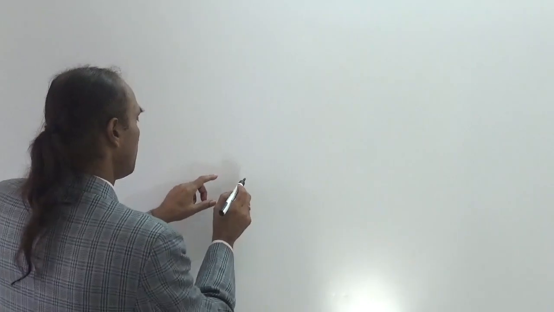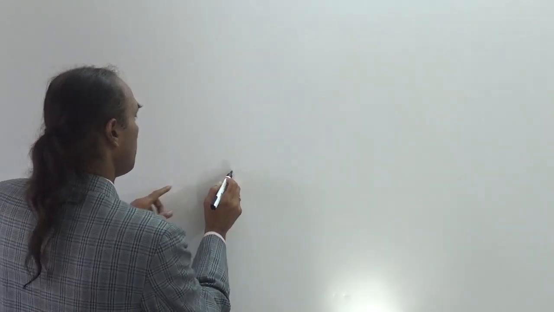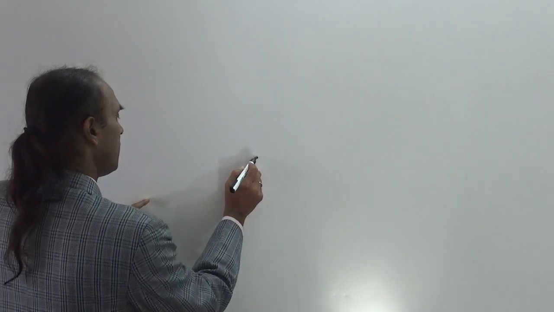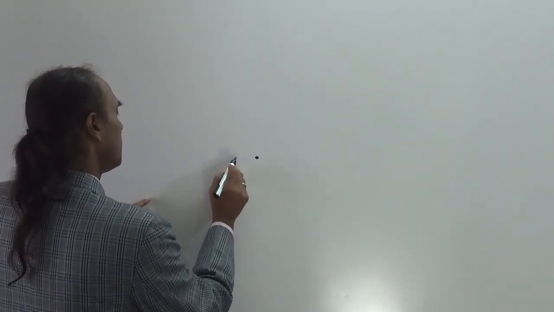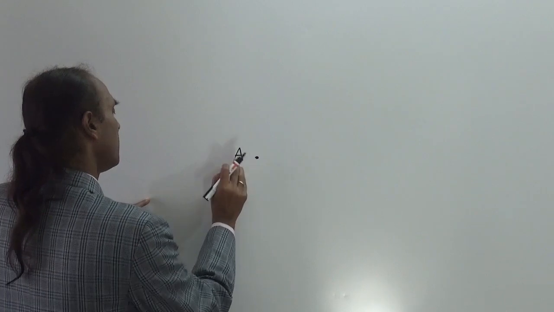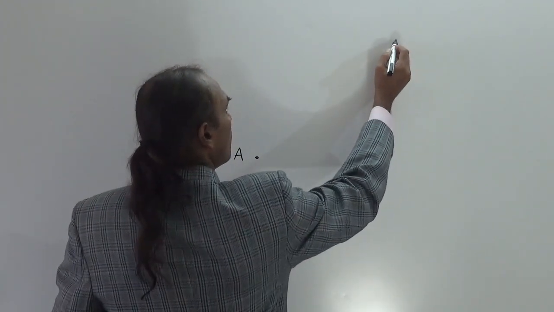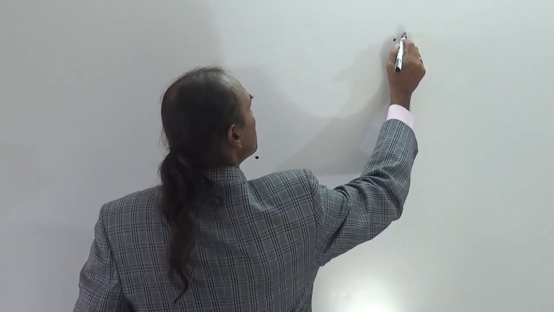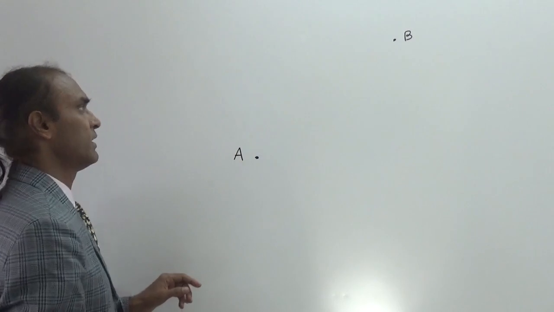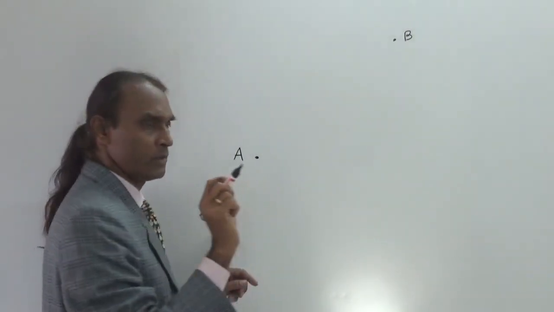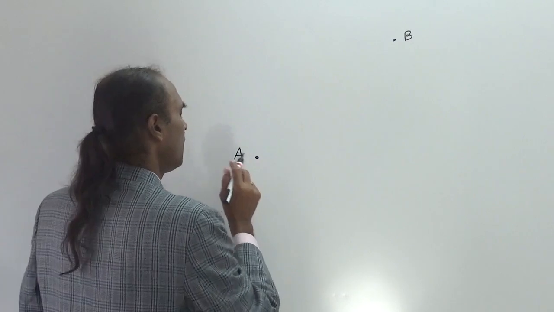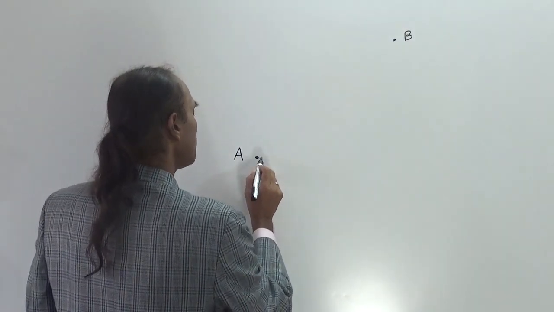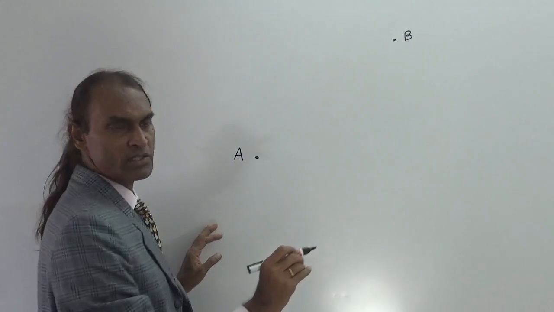Let us move the tip of the marker from the starting point, that is A, to the destination or the final point B. The tip is actually moving. For the sake of simplicity, let us move the tip along a straight line.